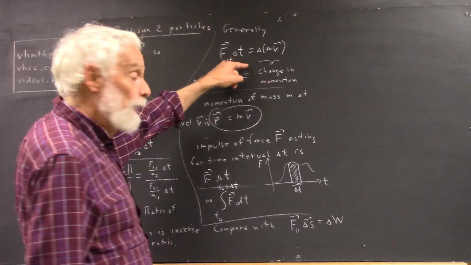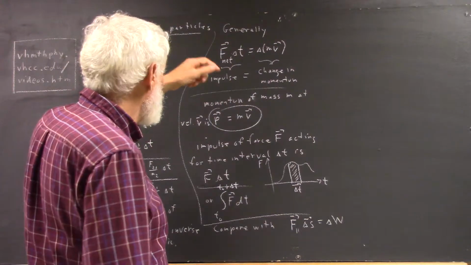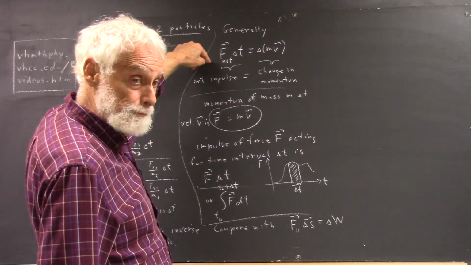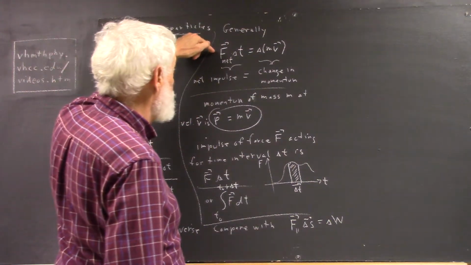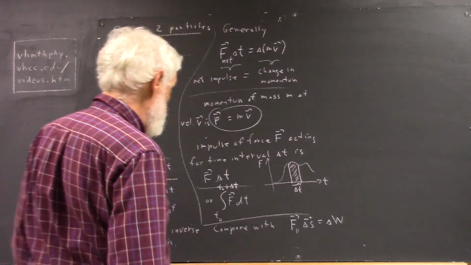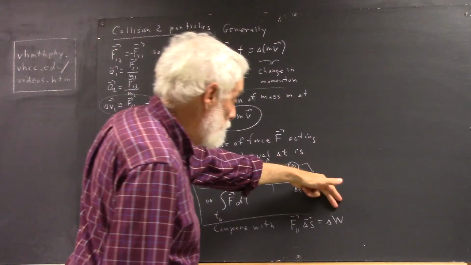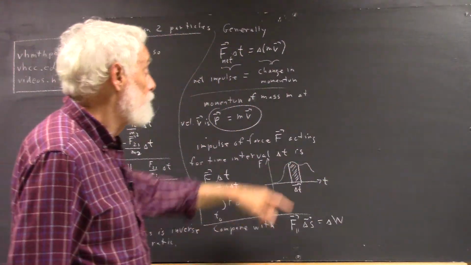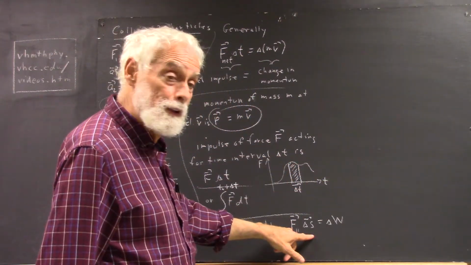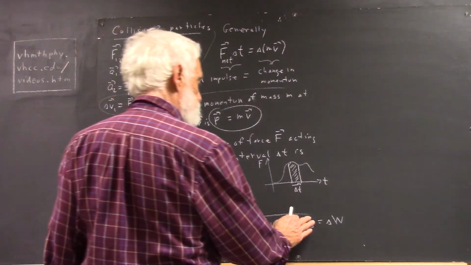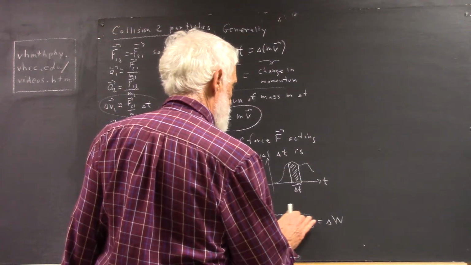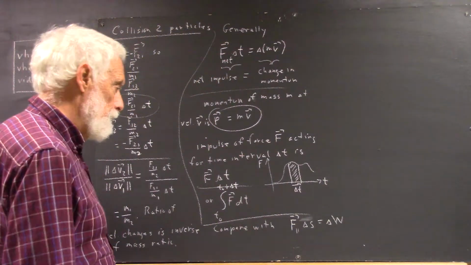This is a force acting for a time. This is a vector. Impulse is a vector because it's a product of a vector with a scalar. Work is not a vector. It's a scalar projection of your force times your delta s, and actually I should have put an arrow over the delta s.